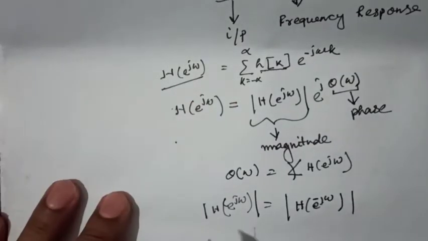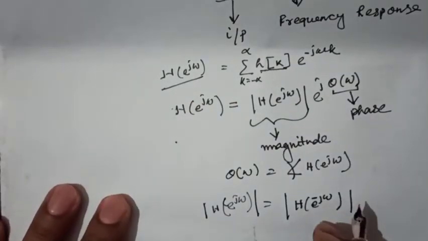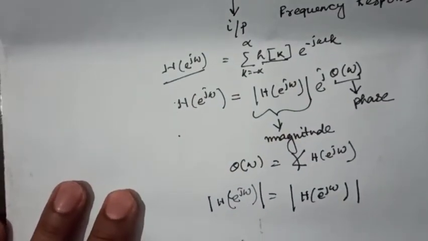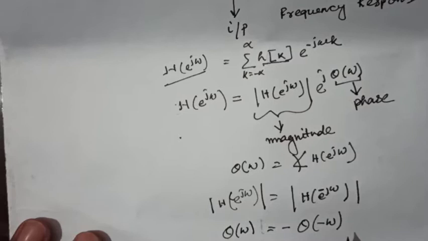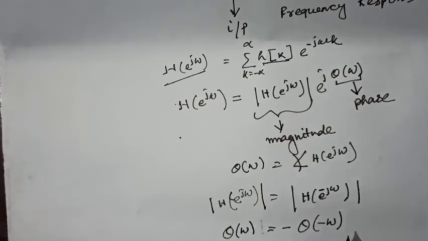That means your magnitude is even symmetric and the phase is odd symmetric, that is theta of omega is equal to minus theta of minus omega. That is odd symmetric. I already discussed that in my video lecture on the DTFT.